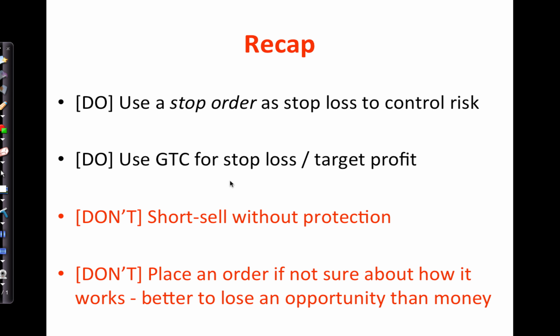And the thing is, when you are placing an order, it may be very easy at the beginning to be confused, right? Maybe you want to place a stop limit, and then you get confused and you swap the limit with the stop, or maybe you forget to place the good till cancel for the stop loss.